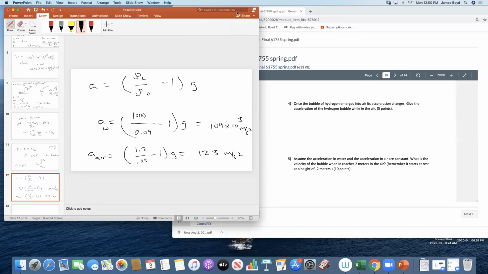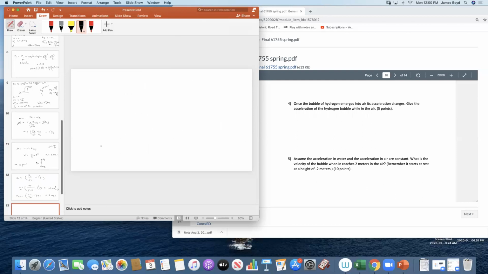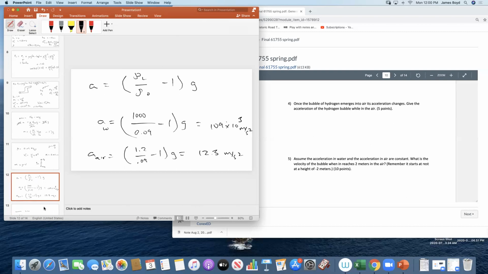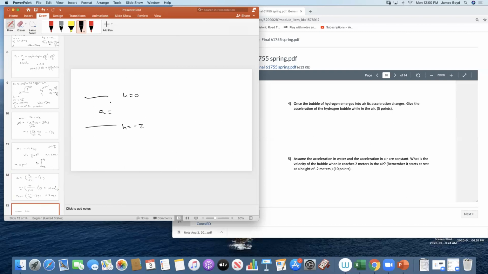Once we have this, how we find the velocities is this becomes a constant acceleration problem. If you go from h equal to -2 to h equal to 0 with an acceleration of 109,000 meters per second squared, we know that if it starts at rest, v initial is 0, and v final squared is 2a times the change of y, or h2 minus h1.